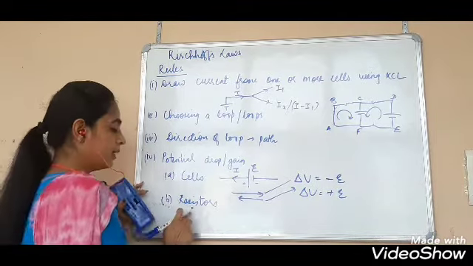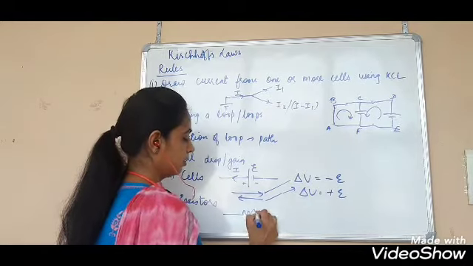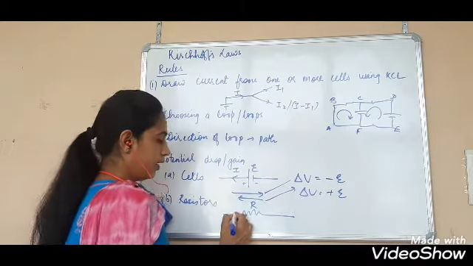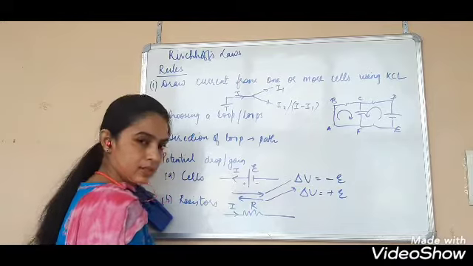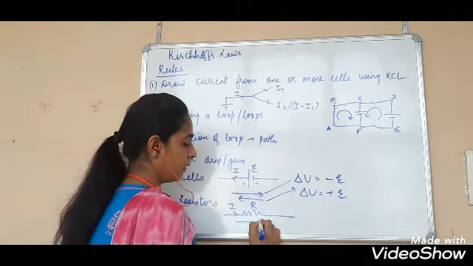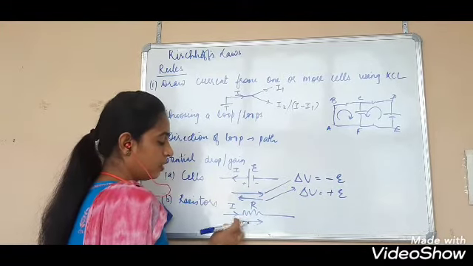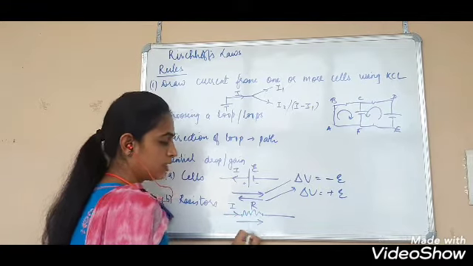Then in resistors, if this is a resistor R, the current direction is important. If current is going like this in a resistor, then you have to look at your path. If your path is clockwise, you are going from this terminal to this terminal.